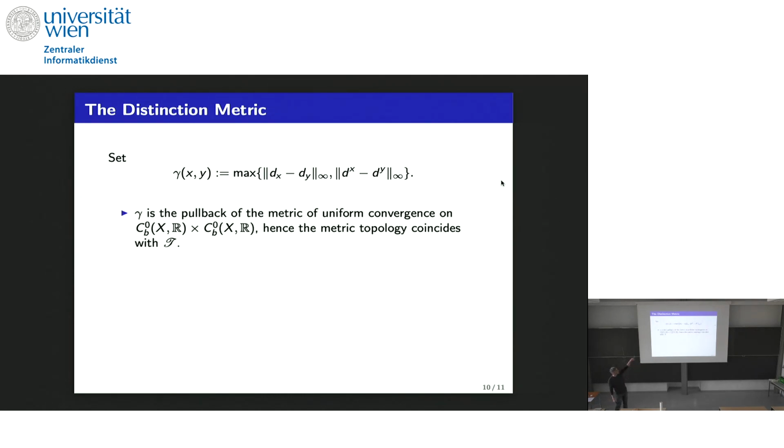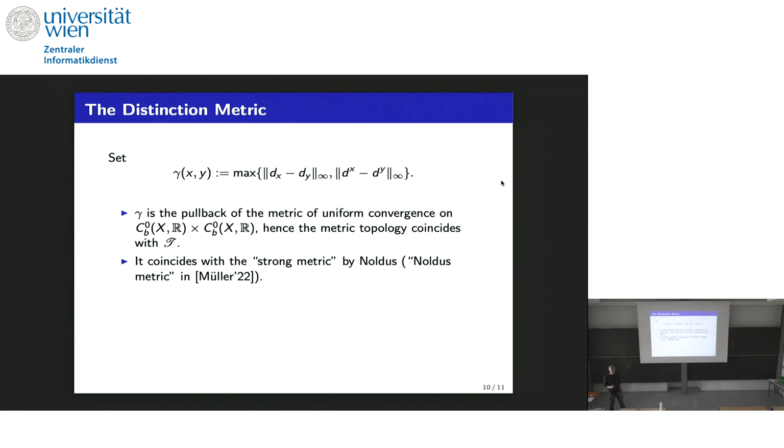You can define it axiomatically as I wrote down there, but it is also the pullback metric of the uniform convergence metric on the space of bounded continuous functions. So the metric topology is actually the topology we started with. We're not doing anything new.